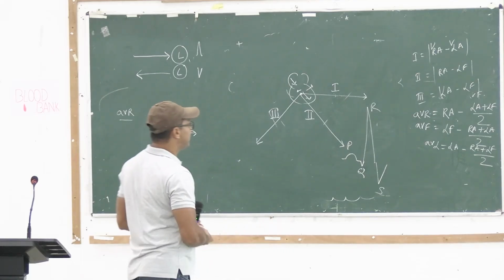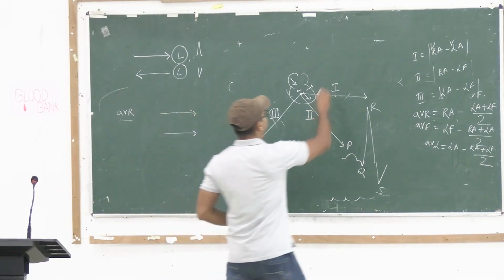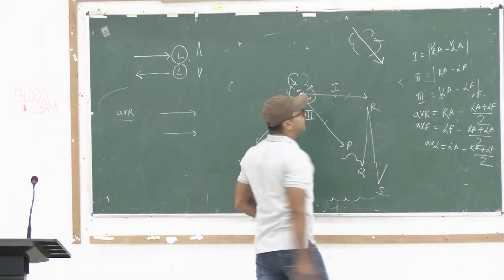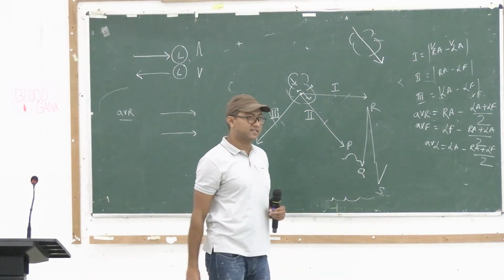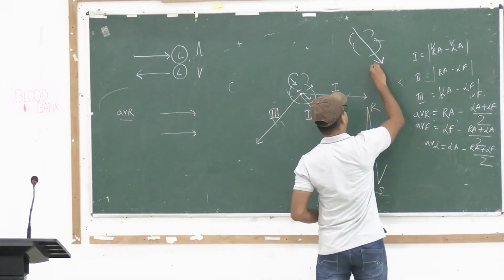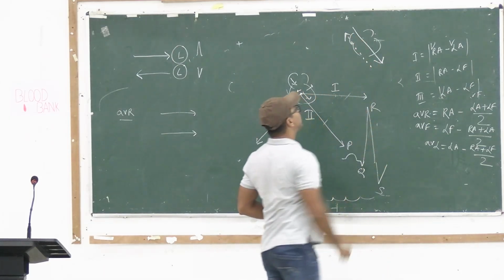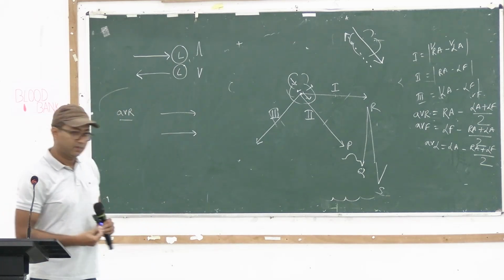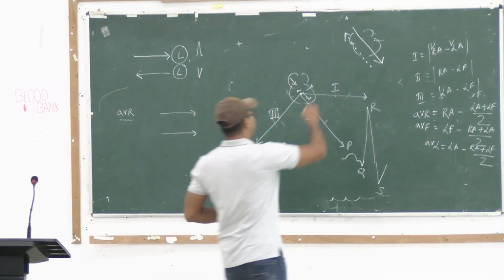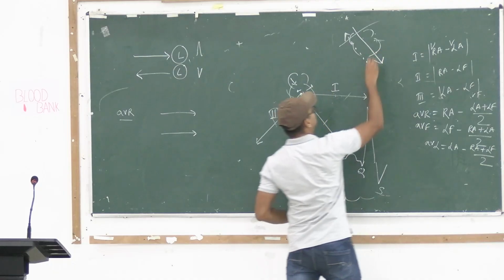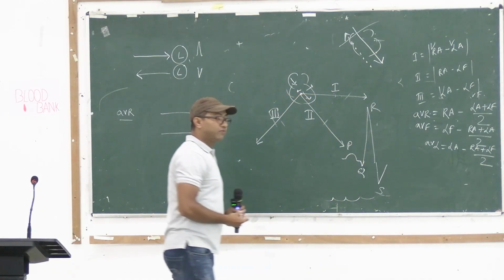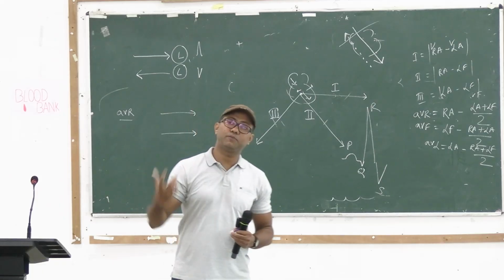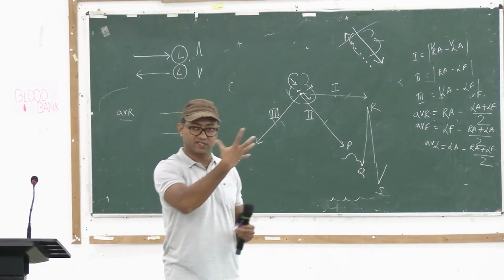Now the depolarization wave in the heart travels in one direction, but the repolarization wave travels the opposite way. This is the repolarization wave. So this is the base of the heart and this is the apex. Depolarization wave overall travels base to apex, but the repolarization wave travels apex to base.